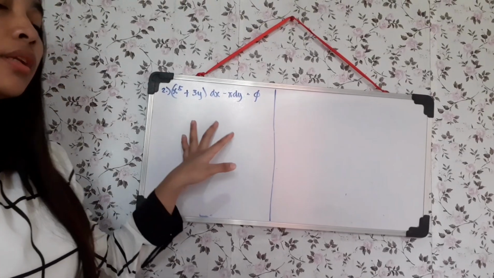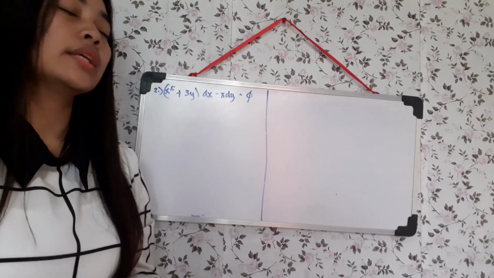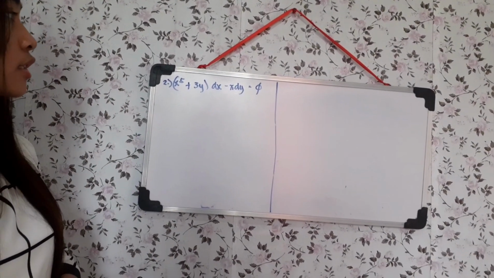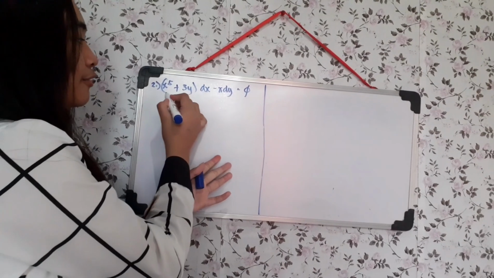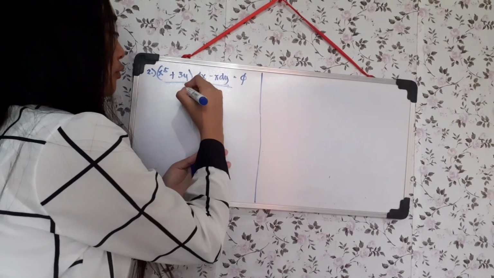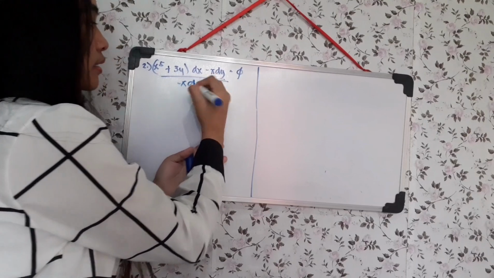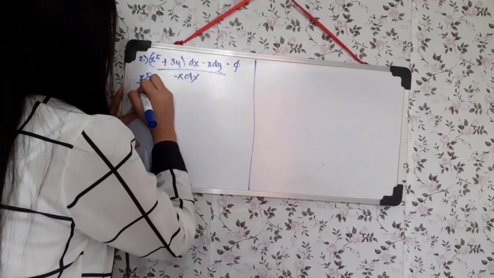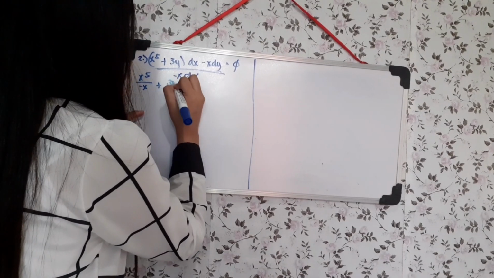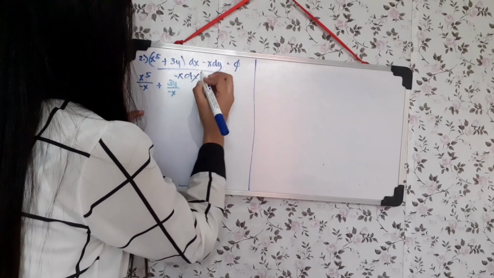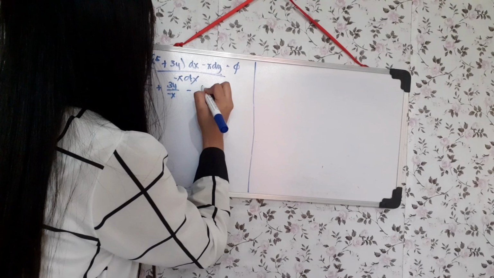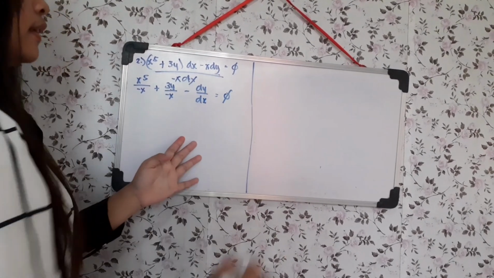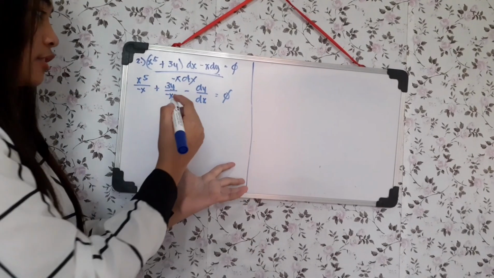So for example number 2, we have x to the 4th plus 3y dx minus x dy is equal to 0. First, divide both sides by negative x dx. So we have x to the 4th over negative x plus 3y over negative x minus dy over dx is equal to 0. Then transpose.